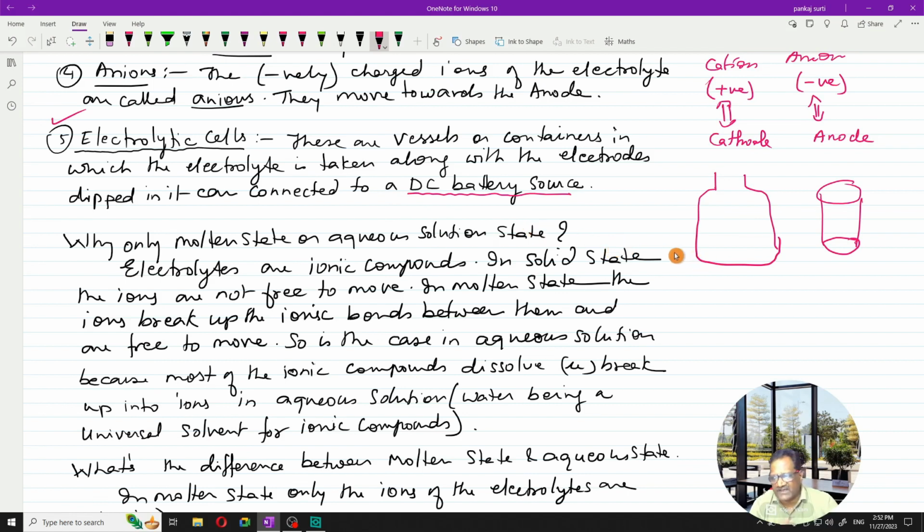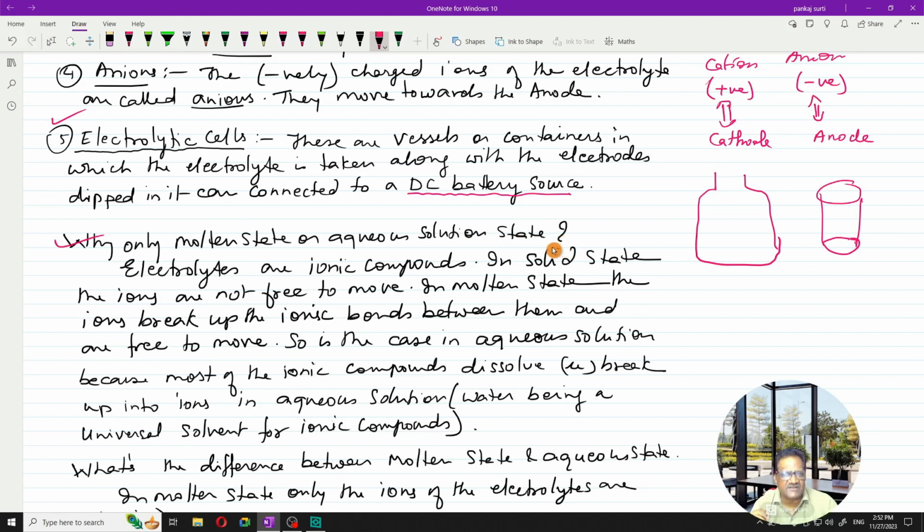So far we are slowly getting introduced to what electrolysis is, and what the terms connected to electrolysis are. Now let us try to understand why only the molten state or aqueous solution state is needed. I told you this electrolyte has to be in a molten state or in the aqueous state, that is, aqueous solution state.